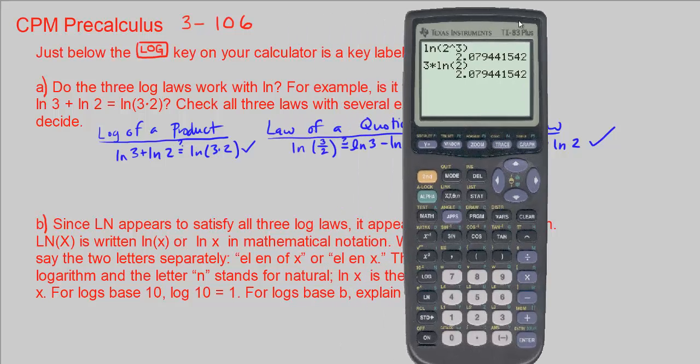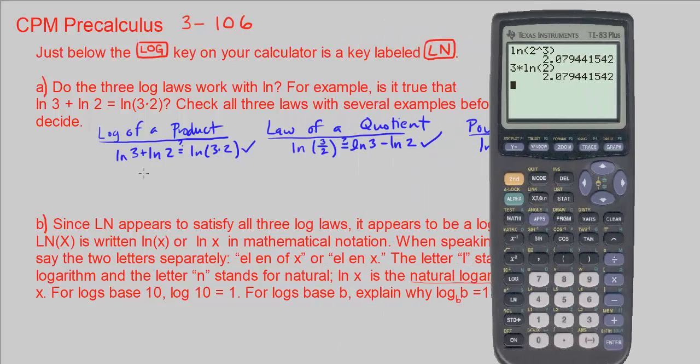We should test a few different values before we say that the three laws check out. Let's try ln of 17 minus ln of 5. I'm just using random numbers. Is that equal to ln of 17 times 5?